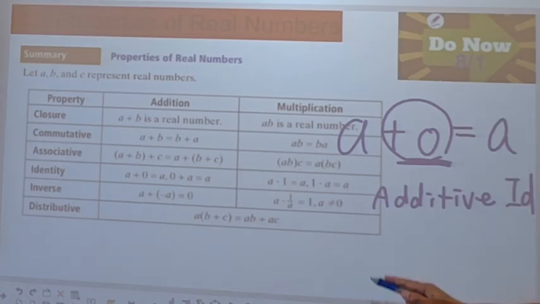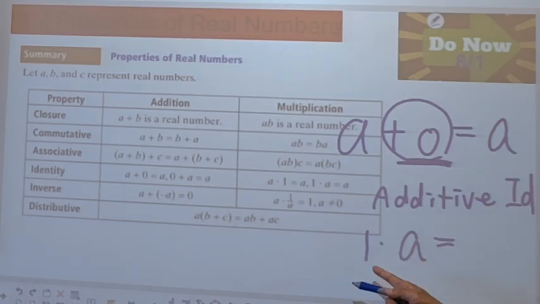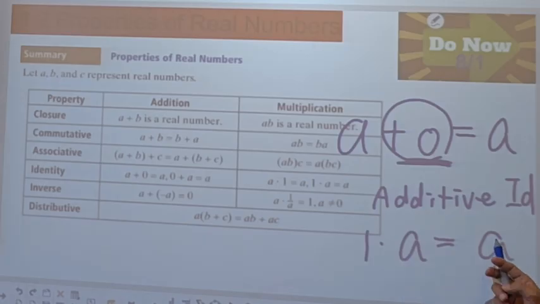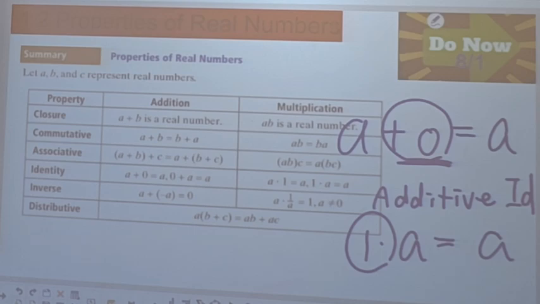Got it? How about 1 times A equals what? Yeah, we don't write times 1 anymore because that's itself, right? Multiplicative identity. 1 is the multiplicative identity. Everybody got it? 0 is what? Additive identity. 1 is what? Multiplicative identity.